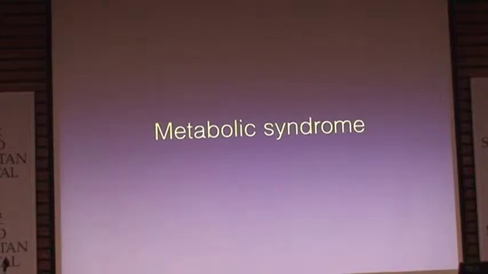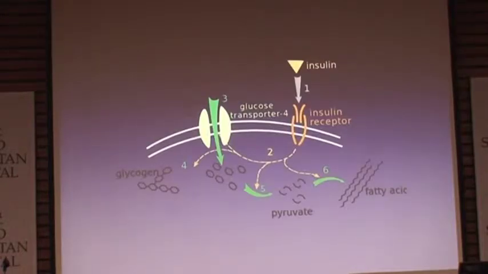Now, again, sort of a vague term out there, what does this metabolic syndrome mean? Well, at the core of it, one of the most important elements of metabolic syndrome is the fact that our ability to handle blood sugar via insulin, a very important hormone that we all possess, is compromised.